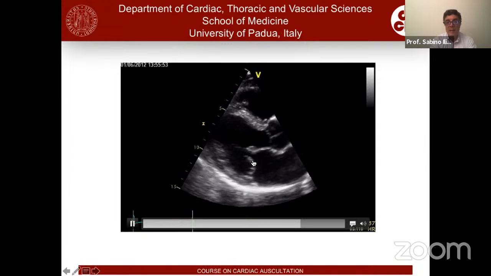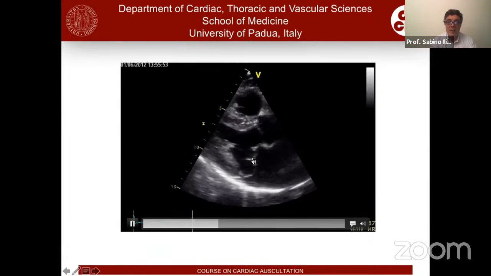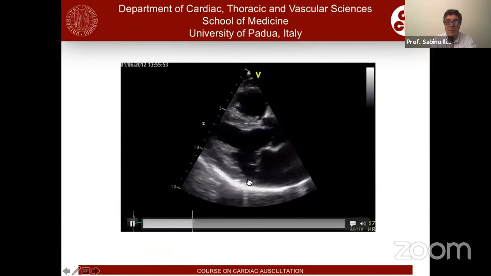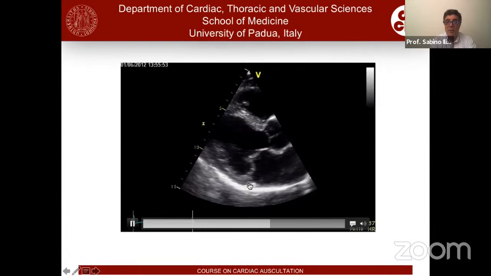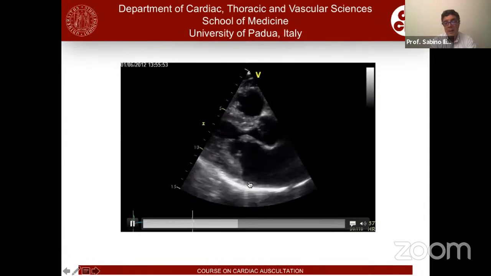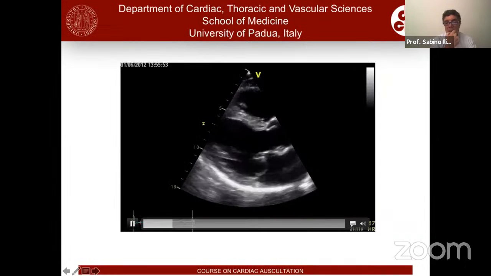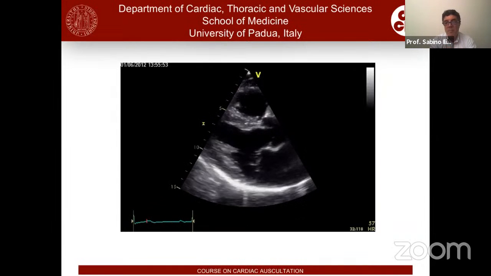So, having said this, this is a typical echocardiographic example of mitral valve prolapse. You have a very nice billowing of the posterior leaflet, and I shall not discuss these things, but one day perhaps I shall explain that the most important finding in mitral prolapse is this movement that is called curling. And curling is the result of an abnormality of the anatomy of the mitral annulus that creates this abnormal movement.